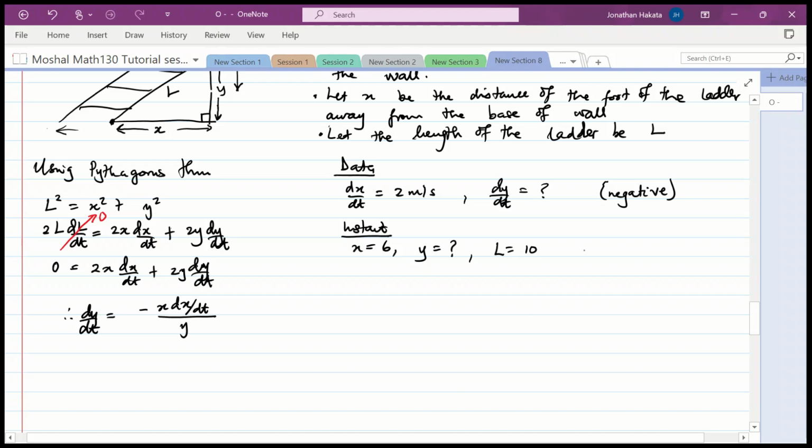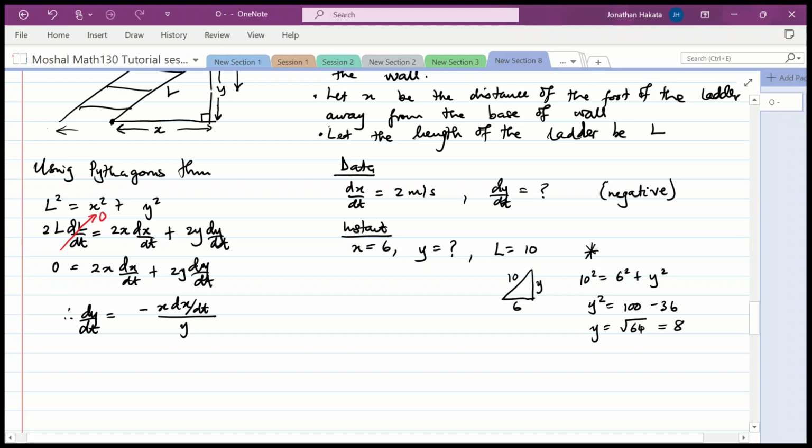So we use this set of data that we're given to calculate the value of y. Remember, this is a right angle triangle. We know 10 here, we know we have a 6, but we don't know y. So using Pythagoras, we have 10 squared equal to 6 squared plus y squared, and y squared is equal to 100 minus 36, so y is equal to the square root of 64, which is 8.